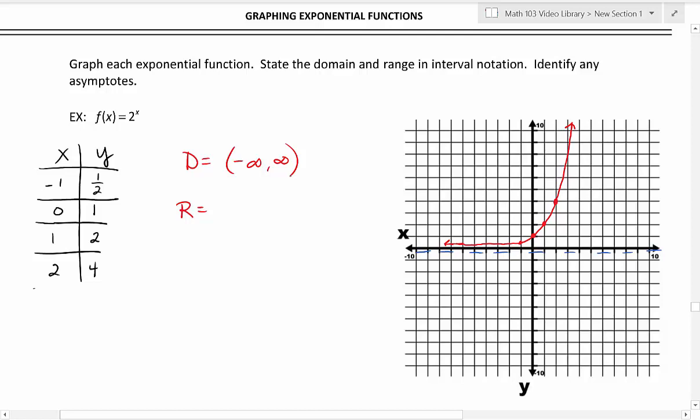The range, since we have that horizontal asymptote, our y values don't start until we're on the positive side of 0 and then extend to +infinity. Lastly, we want to identify the asymptote. We have a horizontal asymptote on the y-axis. So we say that we have a horizontal asymptote at y equals 0.